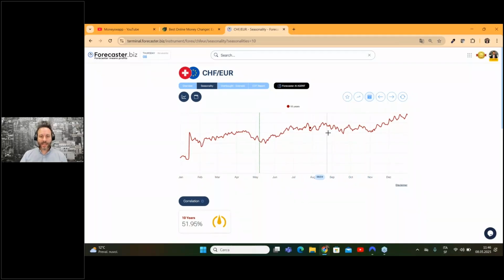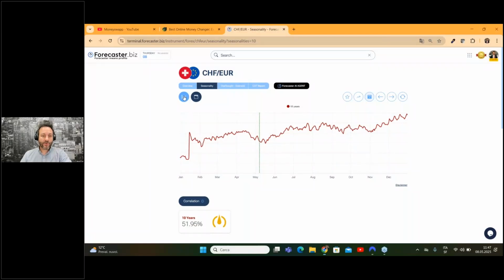Historically, on average in the last 10 years, from the mid of April until the mid of May, the Swiss franc lost value against the euro, and contrary, from the mid of May until the end of July and beginning of August, the Swiss franc gained value against the euro. So this is what happened historically.